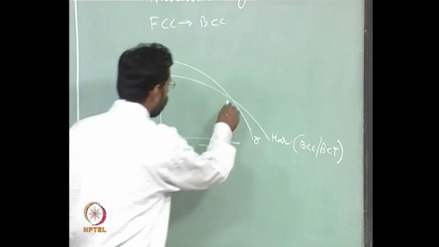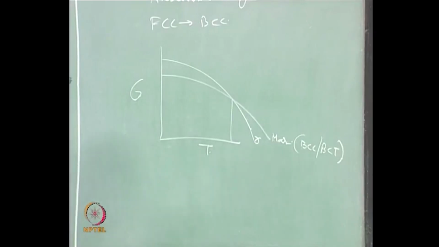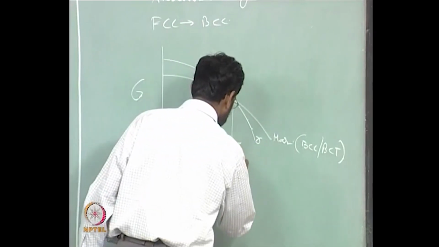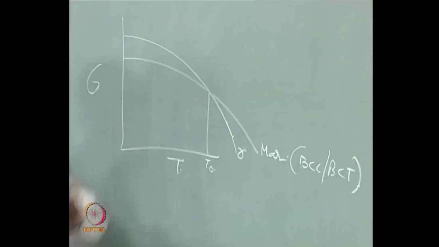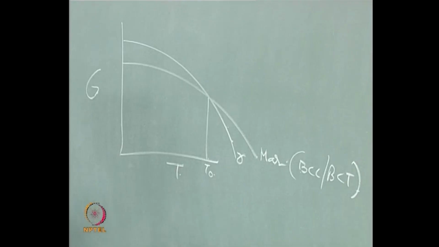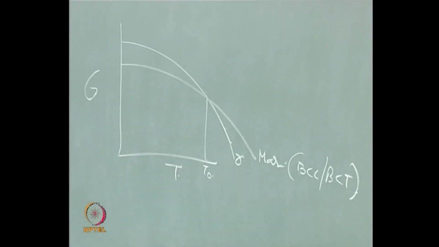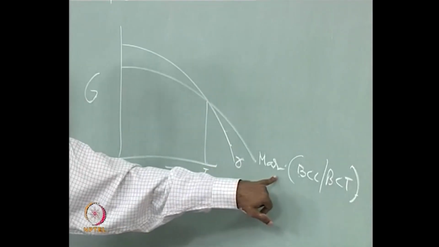So, there is a temperature which we call the T naught for this gamma to martensite, but actually the transformation never occurs at that temperature, because the transformation needs some shear. You need a certain shear to occur inside the material, so that the gamma transforms to martensite.